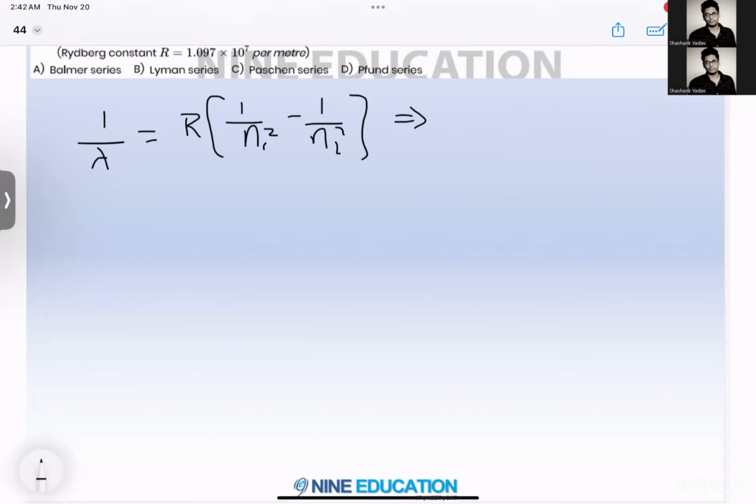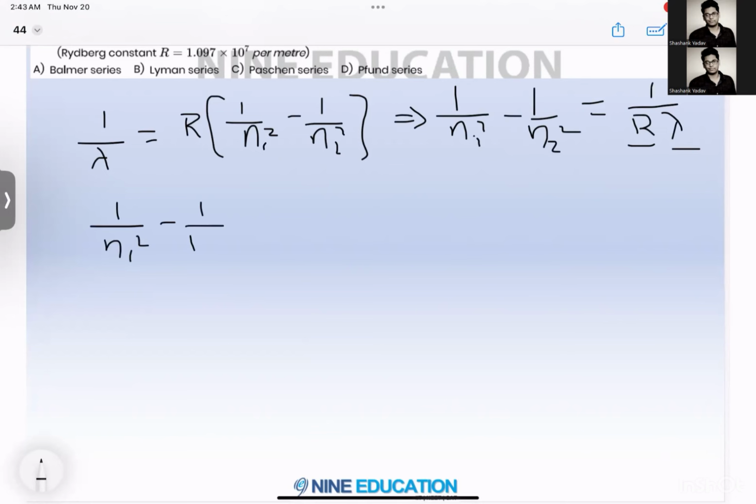From here, we can write 1 by n1 square minus 1 by n2 square is nothing but 1 by R lambda. If we substitute the values of R and lambda in this, we will get that 1 by n1 square minus 1 by n2 square is equal to 7 by 144. n1 and n2 can only be integers.